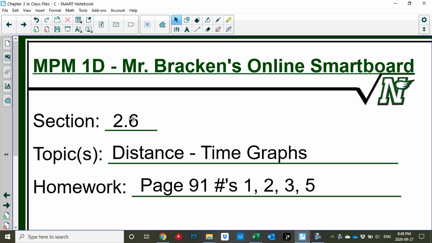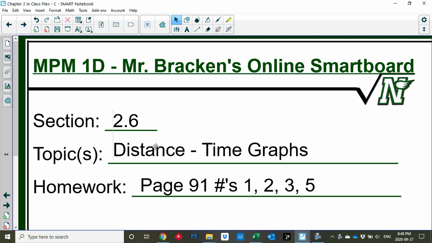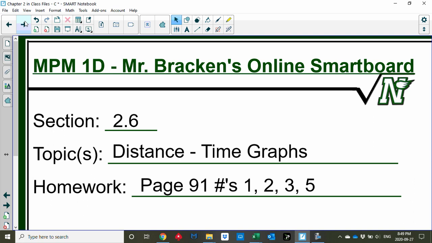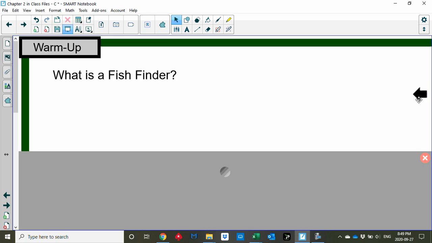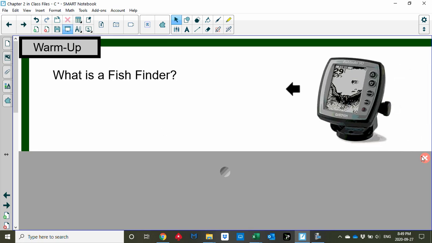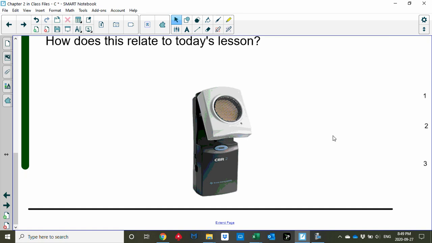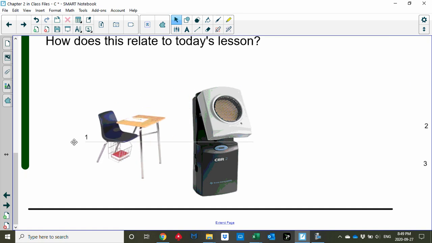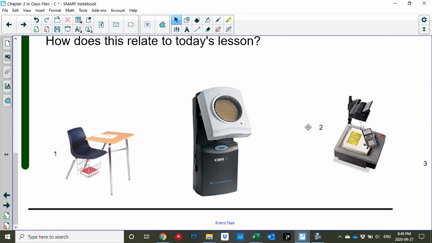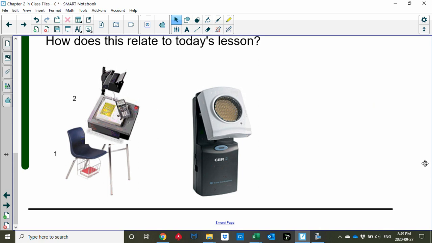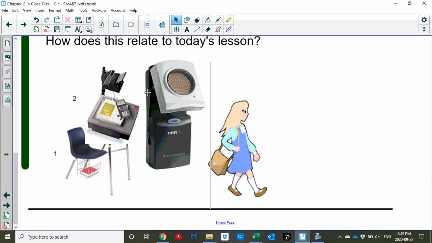So with 2.6, we start with these distance time graphs, and they're a specific type of scatter plot you're going to see quite often in high school going through the years. A short form is called a DT graph, or distance time. And what we did to start was we learned about a fish finder, and that brought us into exactly what we were going to do in the video with Mr. Smith and I setting up the CBR, which looks like this right here.